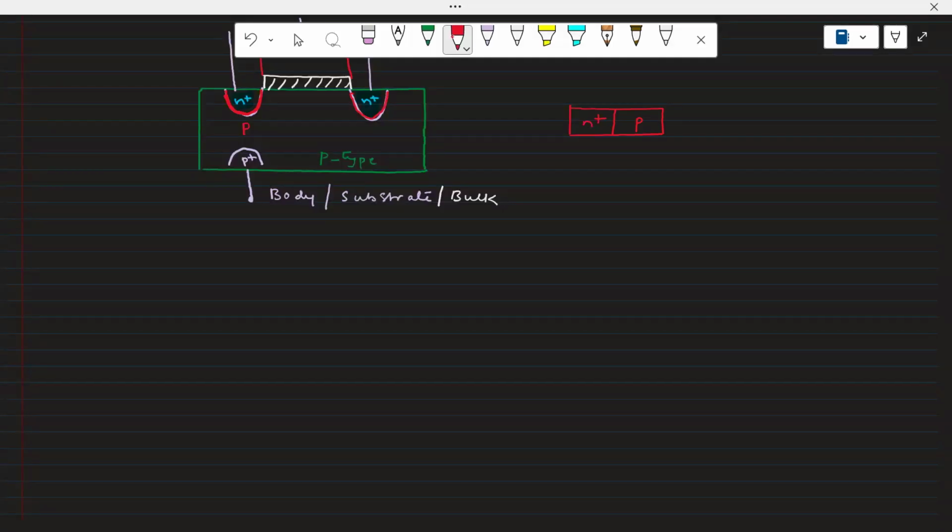Okay, so if it is a forward bias, what will happen? The current will flow from the n plus material to the p side. Okay, from the active material to the bulk, the current will flow. That is not acceptable. Okay, that means we have to make that a reverse bias. Can you tell me what potential I have to apply on the p side, what potential I can apply on the n side so that it will always be reverse biased?